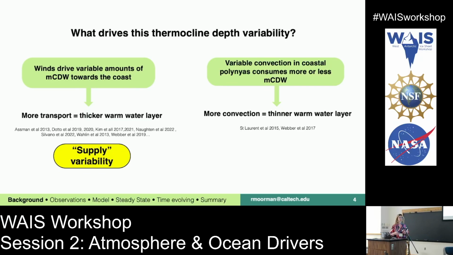So the continuous production of lots of sea ice can lead to large buoyancy exchanges between the atmosphere and the ocean, making the surface waters denser, and that can have a really important influence on vertical mixing. Essentially, you can have convection in the water column in the winter, and that can erode this warm water layer at depth and make it thinner by diverting heat from the deep warm water layer into the atmosphere. So I think of that as sort of demand-side variability. Right at the coast, there's changes in the amount of heat that's being diverted away from the ice shelf cavity, away from the direction where it could go into the ice shelf cavity, and into the atmosphere.